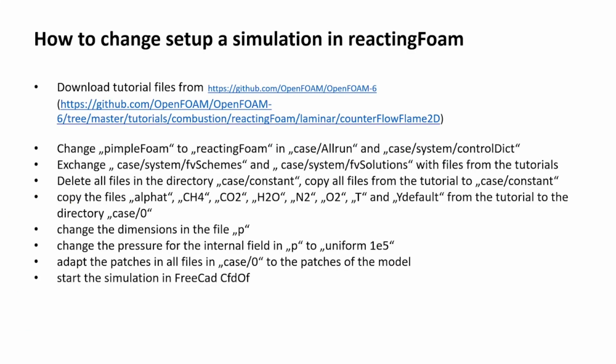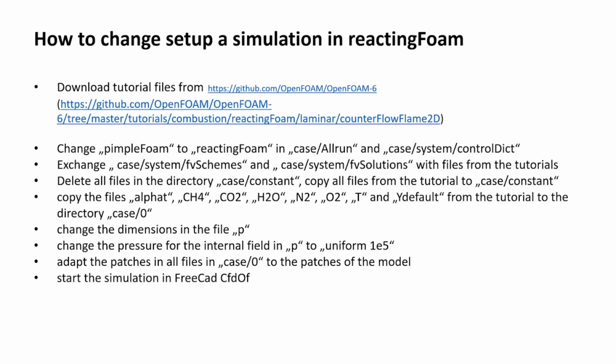I will now explain how to change the setup of a simulation to reactingFoam. I've already explained this in tutorial number 11, so this is just a repetition. So first what you must do is download the tutorial files from GitHub. Then you must change pimpleFoam to reactingFoam in the files Allrun and in the file controlDict.